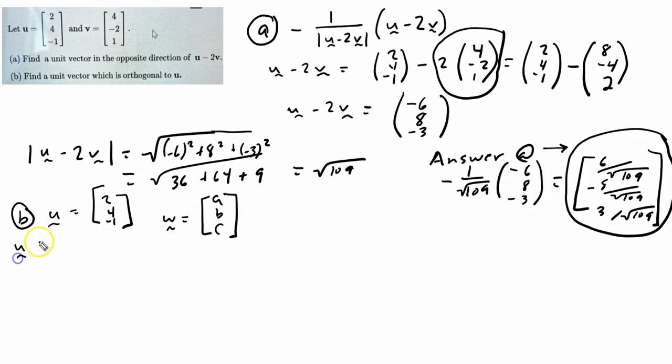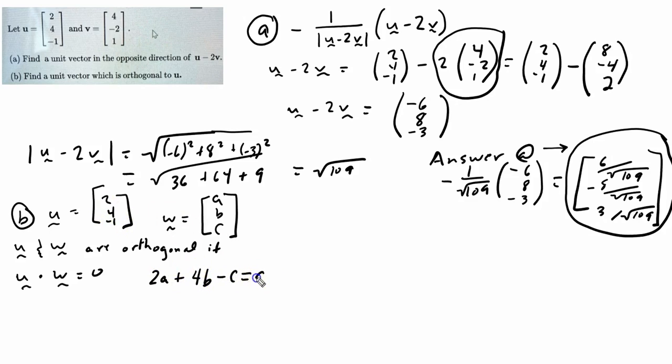So u and w are orthogonal if their dot product is equal to 0. So if I take their dot product, I'm going to get 2 times A plus 4 times B plus negative 1 times C. So if they're orthogonal, then that has to be true.